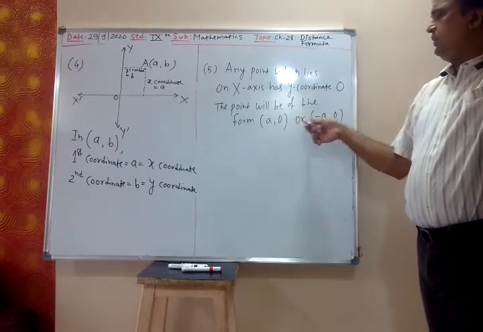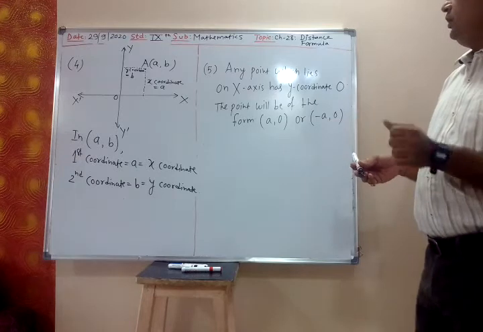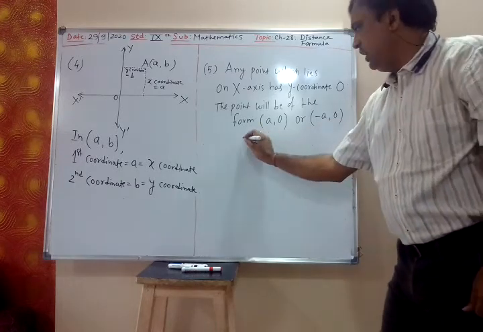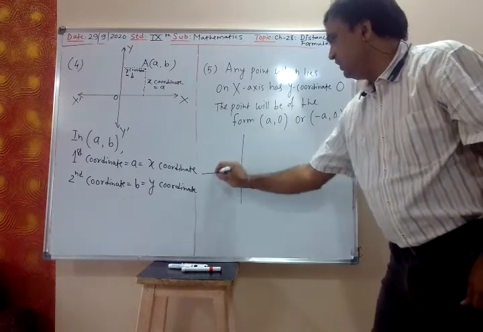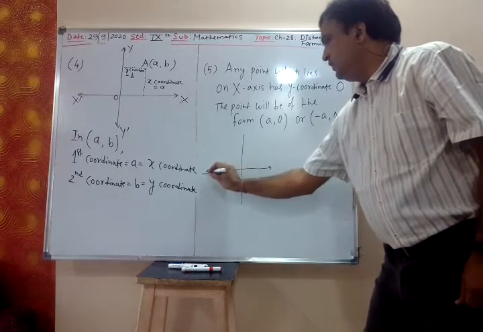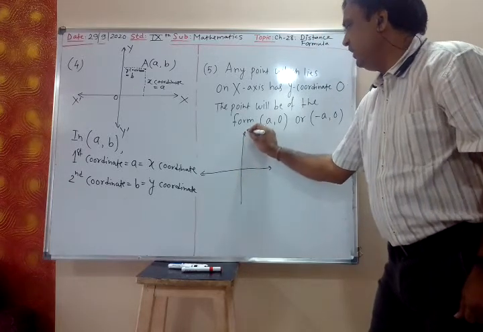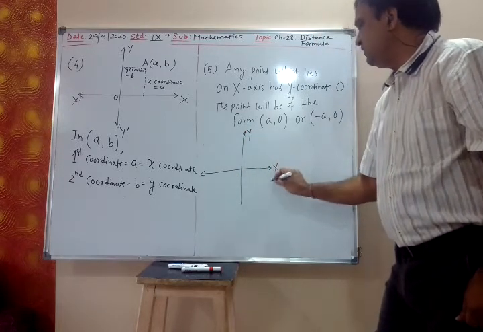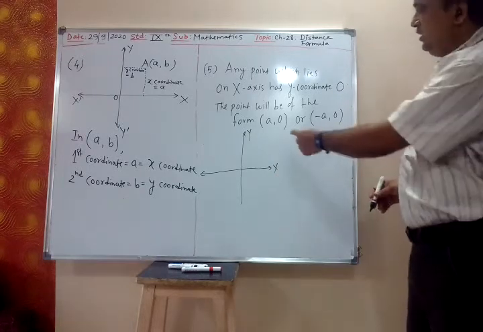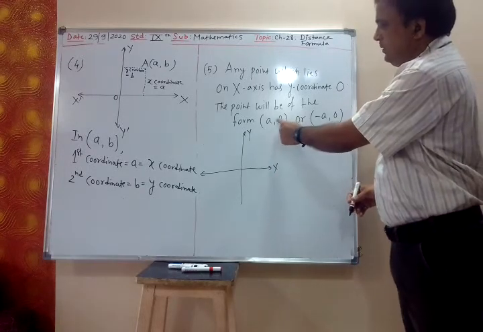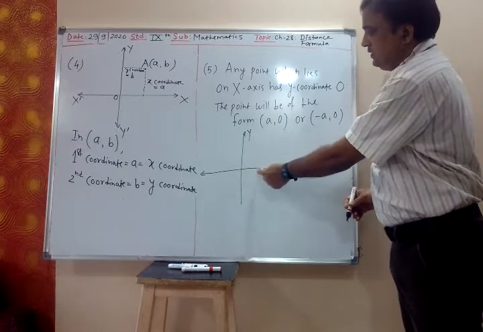Second coordinate is 0 means it is a point on x-axis. Now how will you come to know? See, this is my coordinate axis. This is y-axis and this is x-axis. Now the second coordinate is 0, that means it is a point on x-axis.